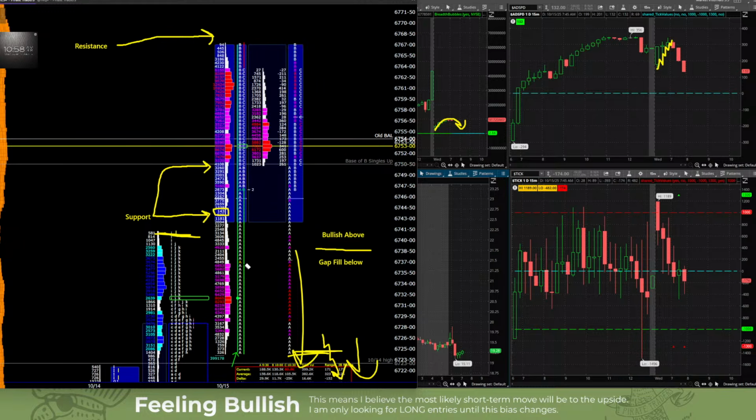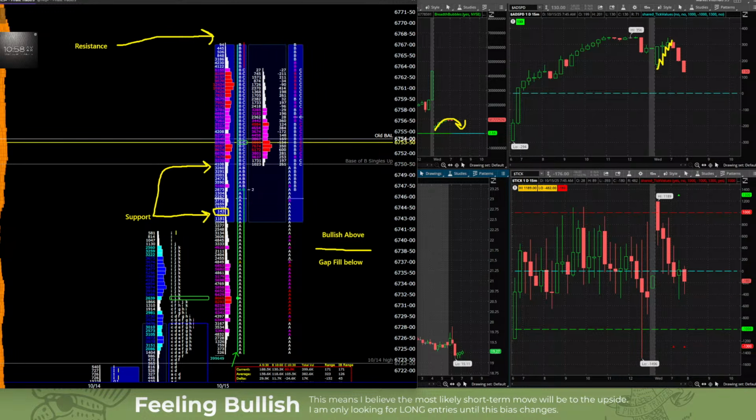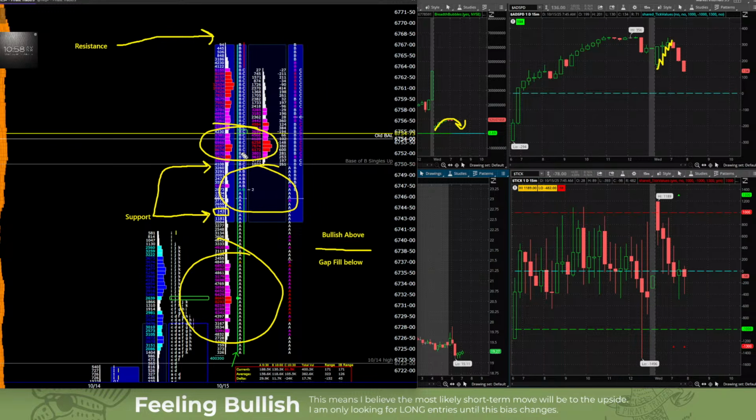You don't want to wait around. The longer you wait when the market has momentum, the less likely your trade is going to work. If you got long earlier this morning down here, your trade worked very, very quickly. If you got long in here, your trade worked very, very quickly, right? If you got long in here, you were okay. But if you started getting long up here or up here, then you probably got screwed.